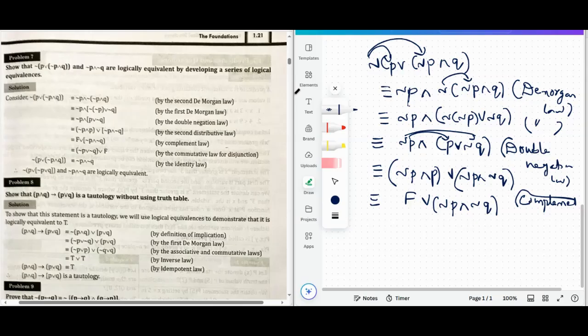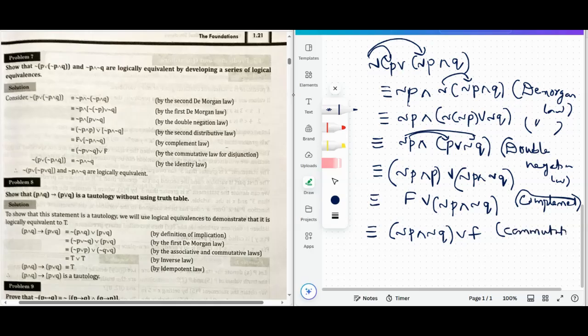Then the next one, we can interchange and write this: F or negation P and negation Q will be the commutative property. By using this we can write negation P and negation Q, or F. We are using the commutative property.